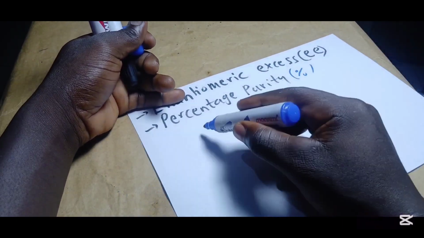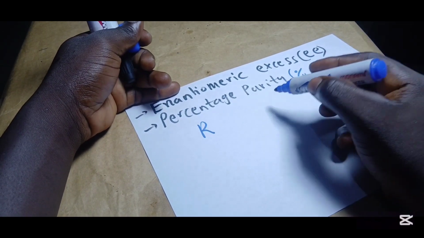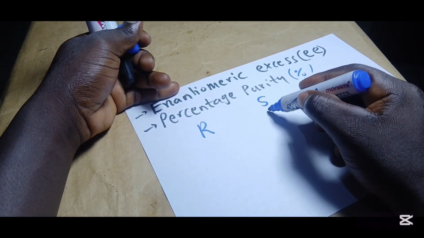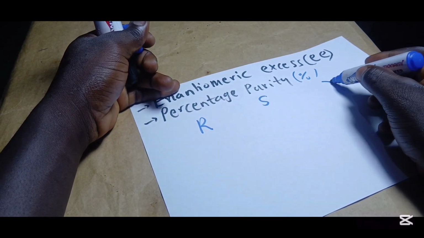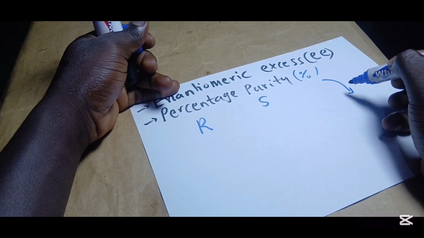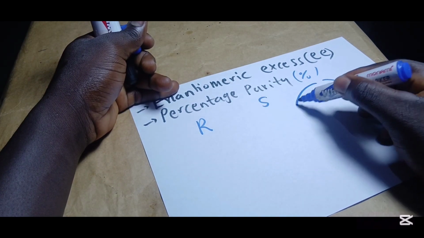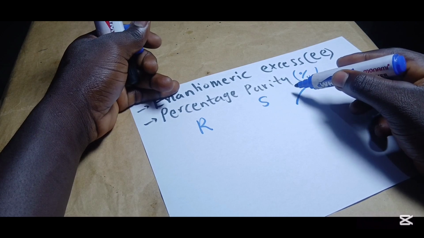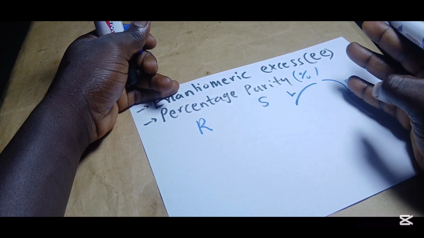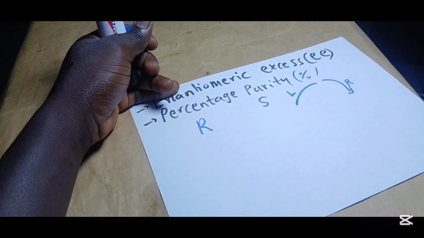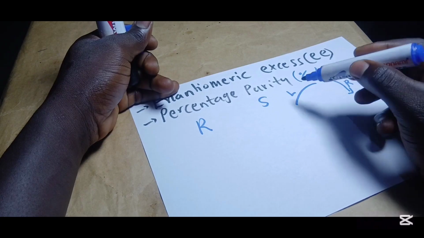In an optically active solution with R and S enantiomers, if the S enantiomer is turning the polarized light to the right, the R enantiomer would be turning the polarized light to the left, right? As one is dextrorotatory, the other is levorotatory.